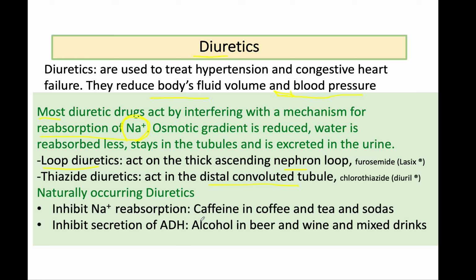Coffee is a natural diuretic. It inhibits sodium reabsorption. And also alcohol in beer and wine is a diuretic because it inhibits secretion of antidiuretic hormone. Less antidiuretic hormone, then more urine production.